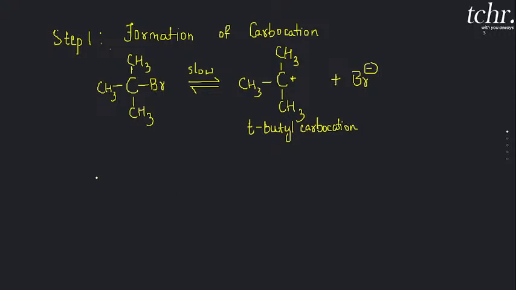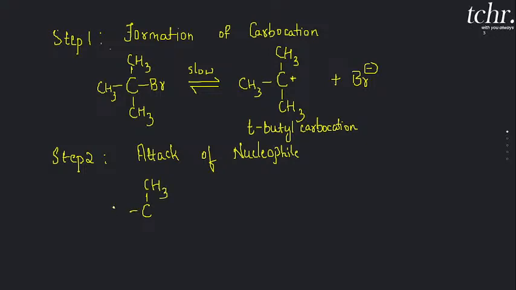Once an old bond is broken and a carbocation is formed, now in step 2, we are going to proceed with the reaction through the carbocation. That means step 2 is attack of nucleophile. Students, what happens to this tertiary butyl carbocation? The nucleophilic attack takes place. Take the tertiary butyl carbocation that is formed.